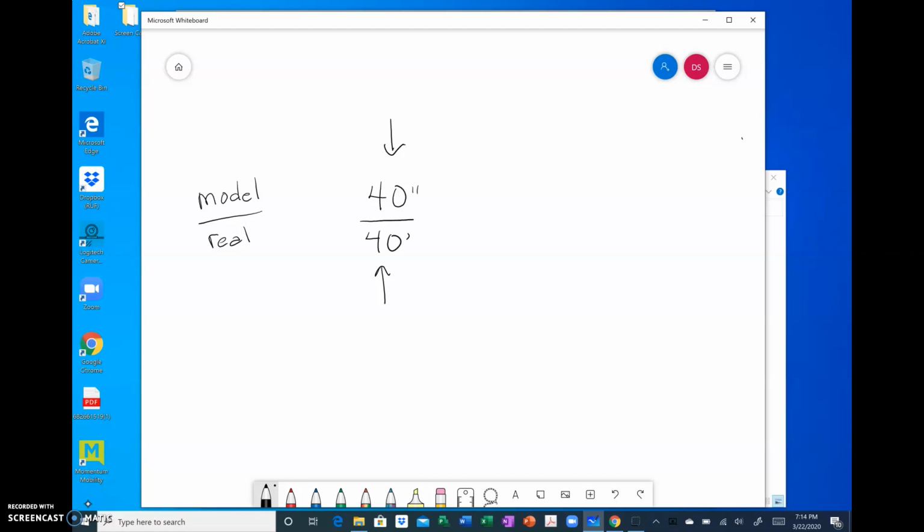Well, we need to change it so that a scale model would show both of these units as the same. So let's make them both inches, okay? Which means we don't have to change our model. It's still 40 inches. And how many inches is 40 feet? Well, we just need to do 12 times 40 for 12 inches per foot. All right?